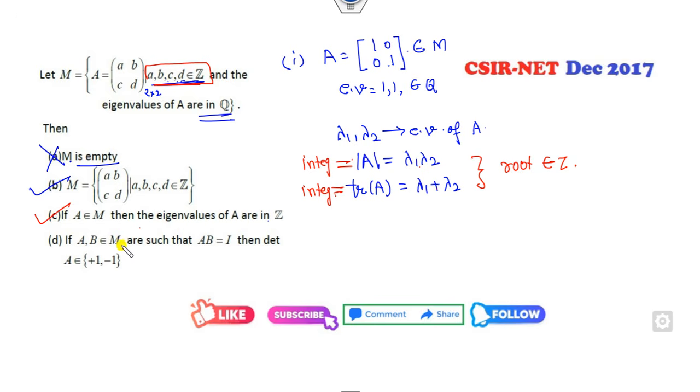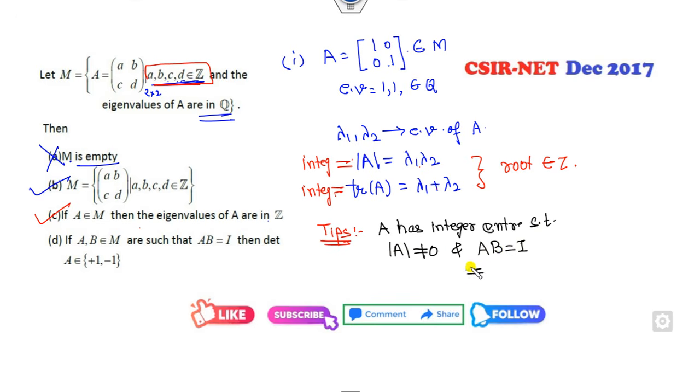A and B belong to M such that AB is equal to I. Okay, I already gave you the tip in my previous matrix lecture. The tip is: if A has integer entries such that the determinant of A is non-zero and AB is equal to I, this will happen if and only if the determinant of A is plus minus 1 only.